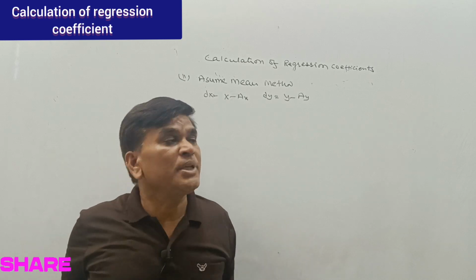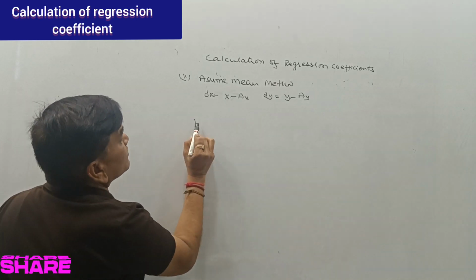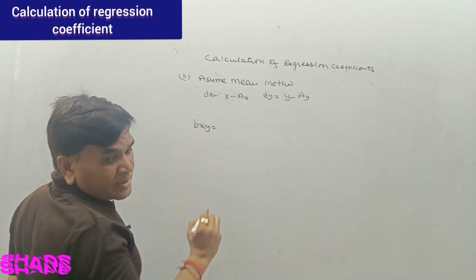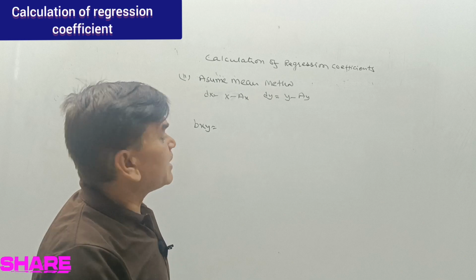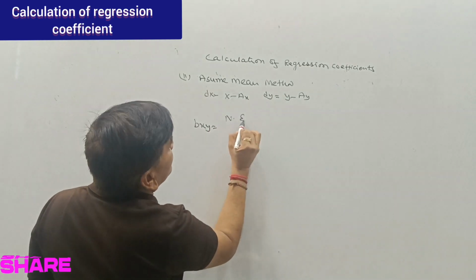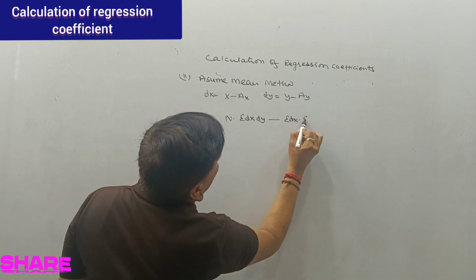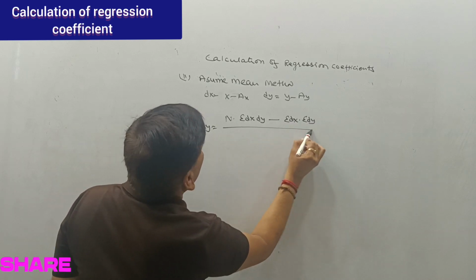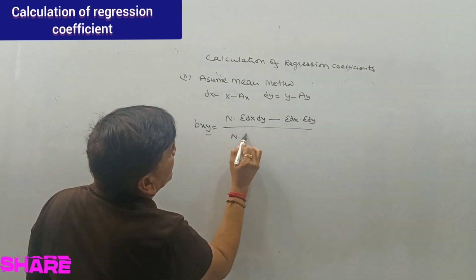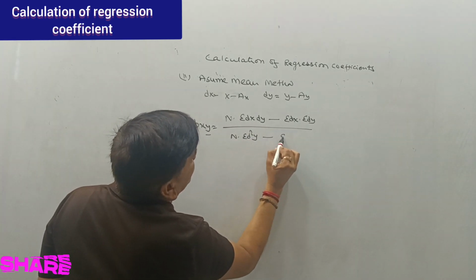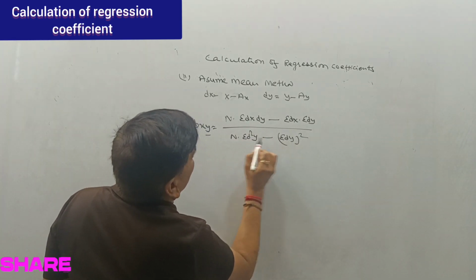So if the assumed mean is used, the formula for bxy is n multiplied by sigma dx dy minus sigma dx multiplied by sigma dy, divided by n multiplied by sigma d square y minus sigma dy raised to power 2.